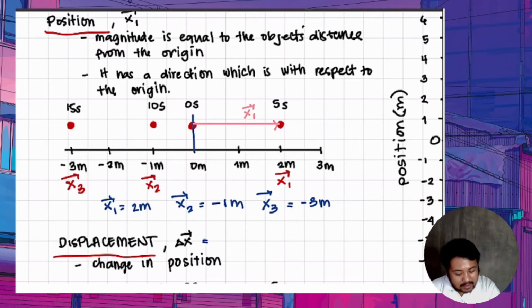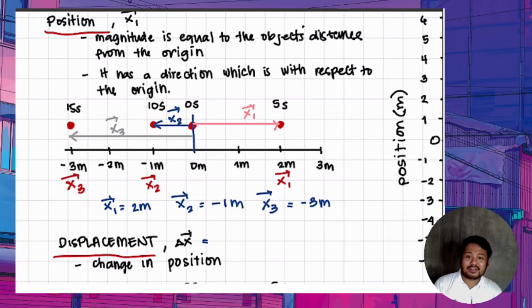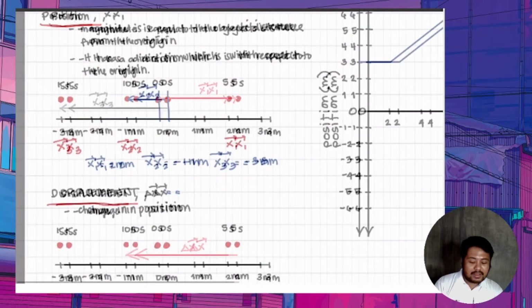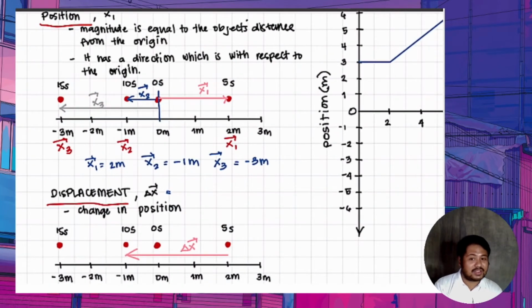Ibang color na lang. This is our x2. And then, x3, coming from the origin pa din, going to that 15-second mark. So, this is your x3. Okay, so, that's how we draw our displacement and position vectors. Okay?